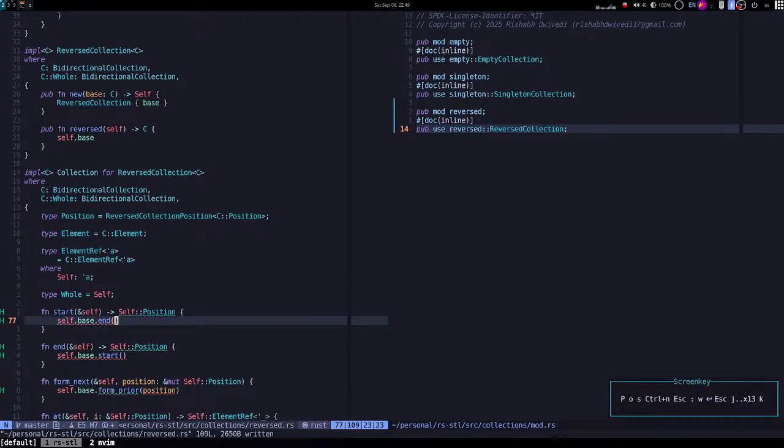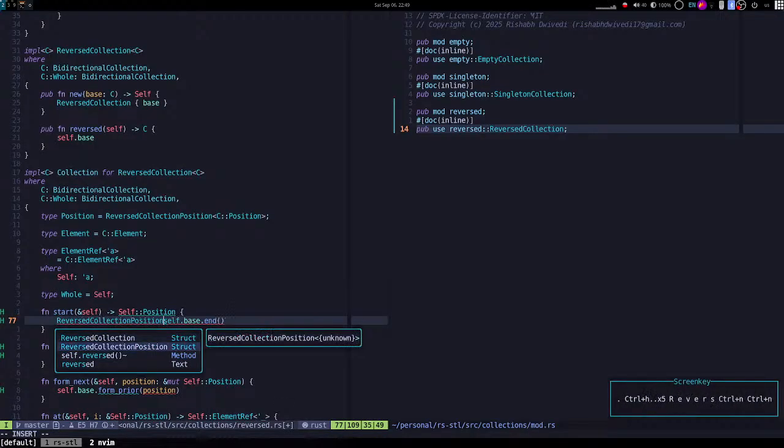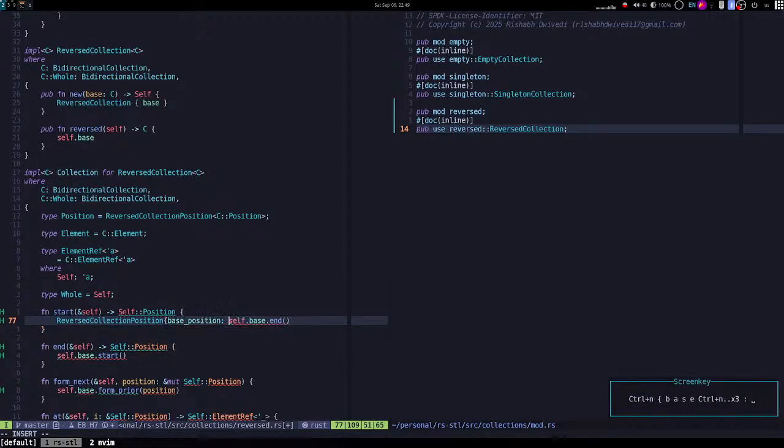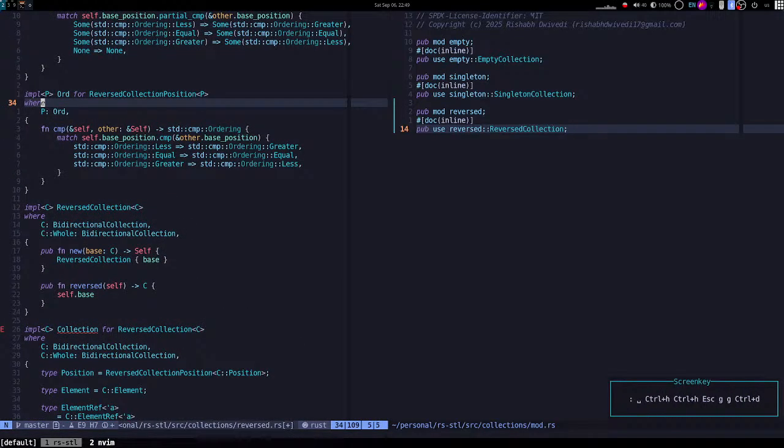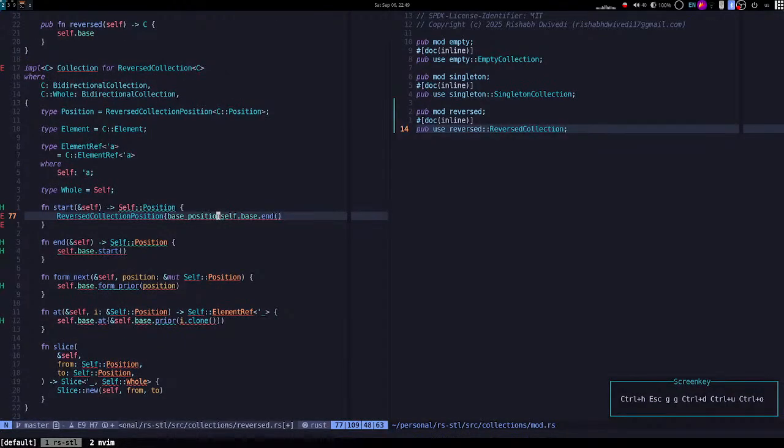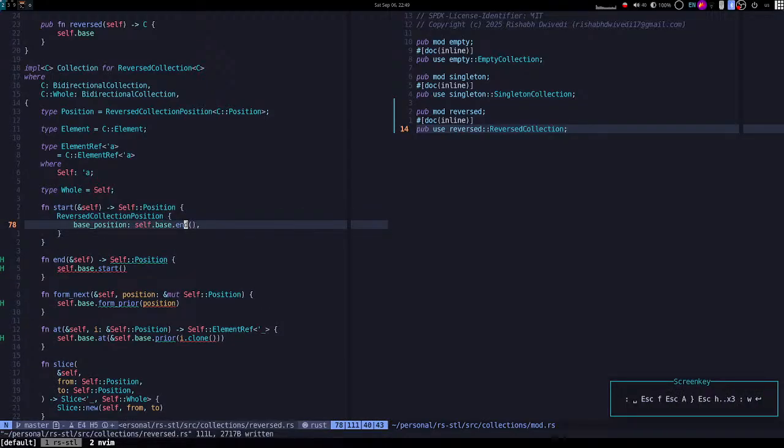And what it does is at any point it would have reversed collection position base. Oh, reversed collection position. What's the base position? It's base position only. Base position and self.base.end, right?